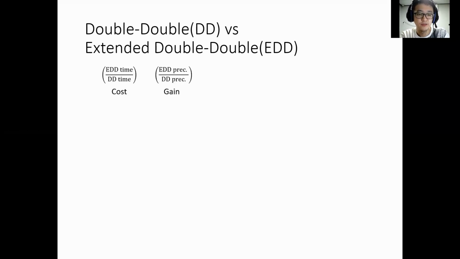That's why we define the cost and gain. We define cost as the calculation time ratio, and we define the gain as the precision ratio. By comparing these two, we will decide whether it is worthwhile to use extended double.